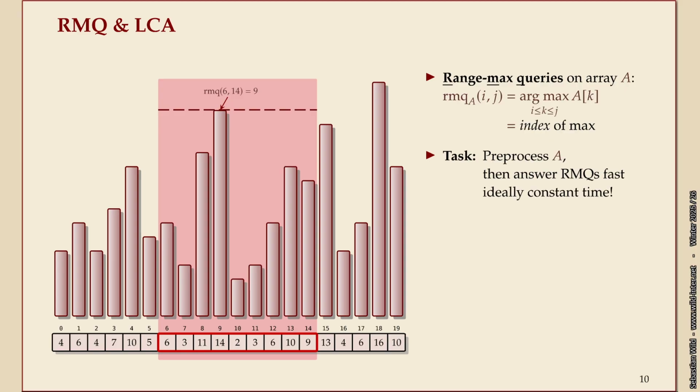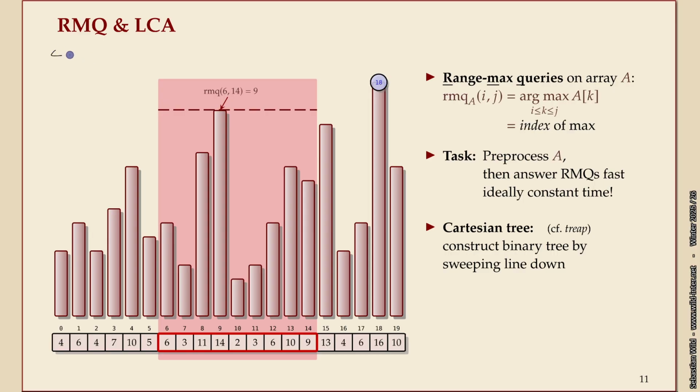Now, how does that get a combinatorial structure? We could build a tree by taking the entire range over the entire array. So you let a line covering the entire array sink down until it hits the first pole.